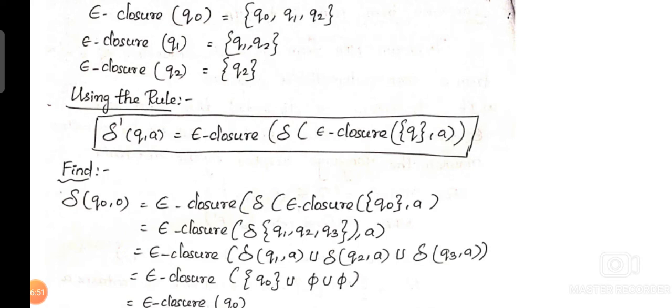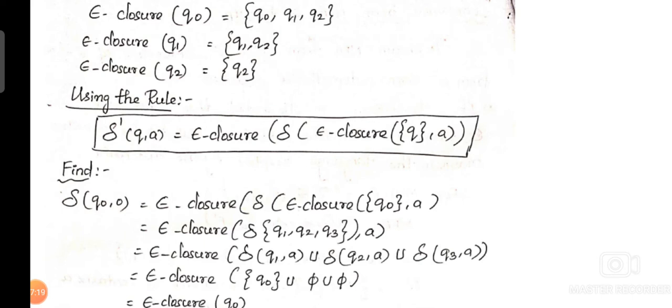Next, we are going to follow one important rule for the conversion process, that is del dash of Q comma A. Del dash of Q comma A is the state transition function for the resultant NFA without epsilon transitions. So del dash of Q comma A equal to epsilon closure of del of epsilon closure of Q comma A, which is the rule.